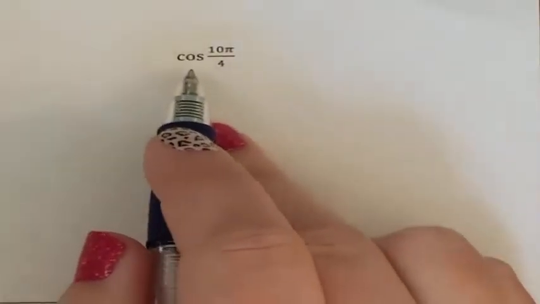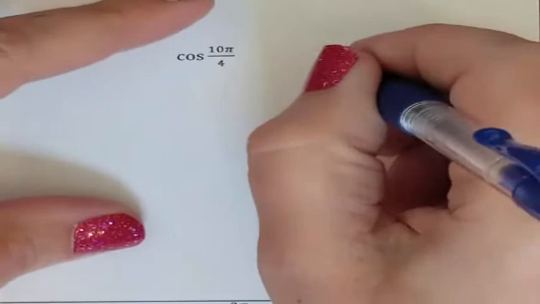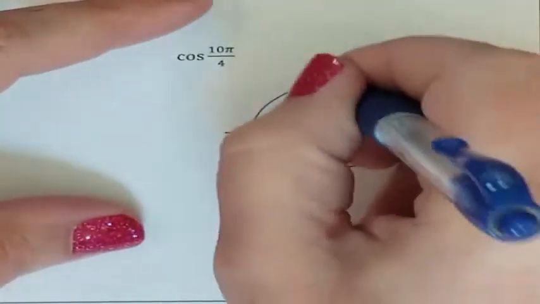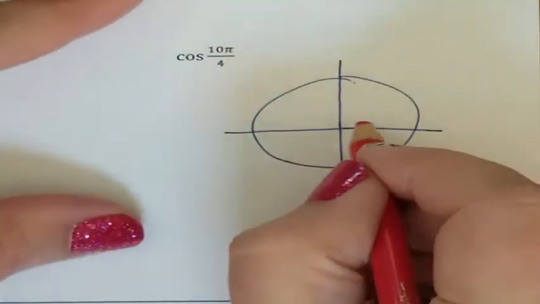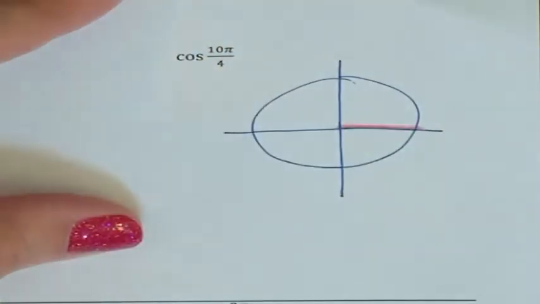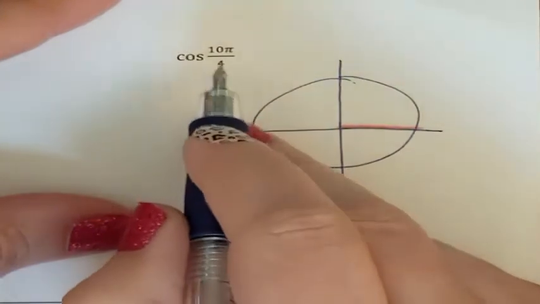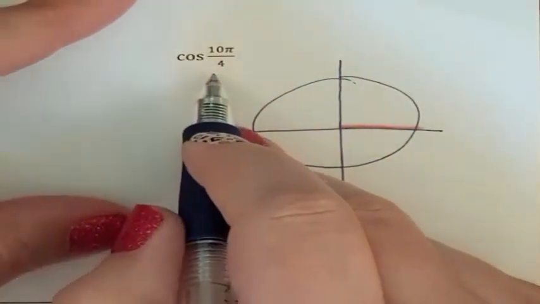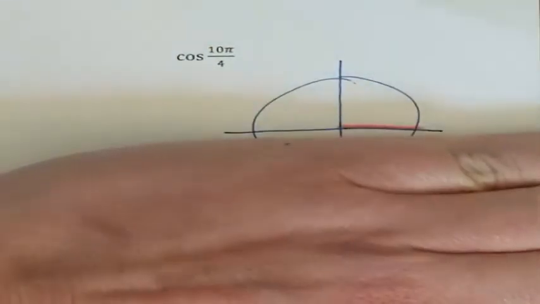So we're looking for cosecant of 10 pi over 4. First I need to use the unit circle to find its reference angle. This is the initial side. Where is 10 pi over 4? Well, if it's over 4, I remember I can do fourths on my unit circle. We did that by looking at each half.